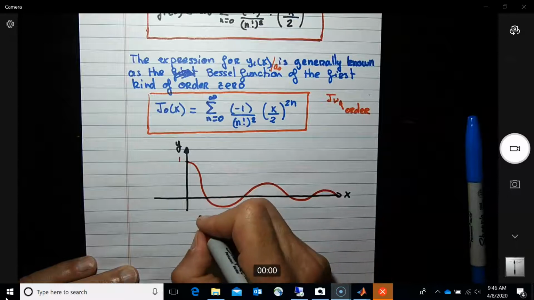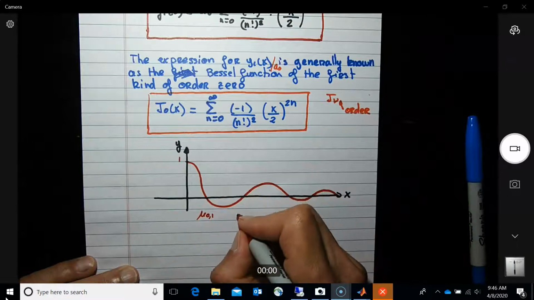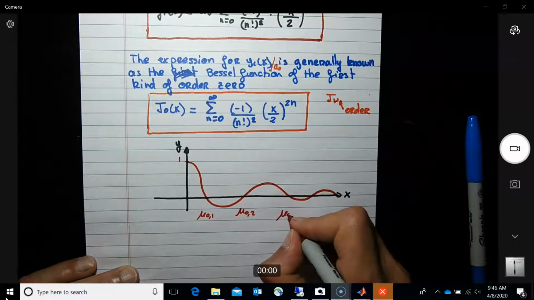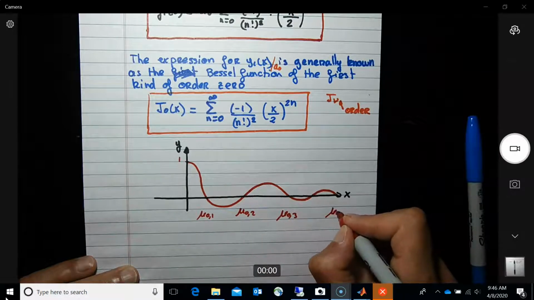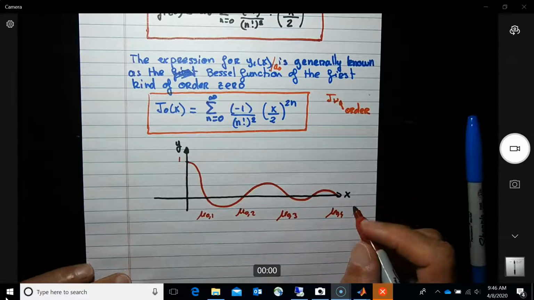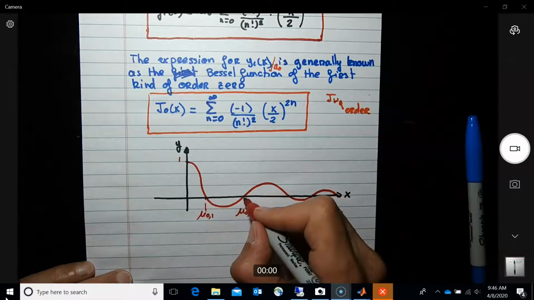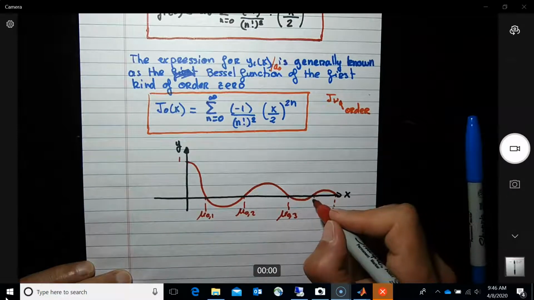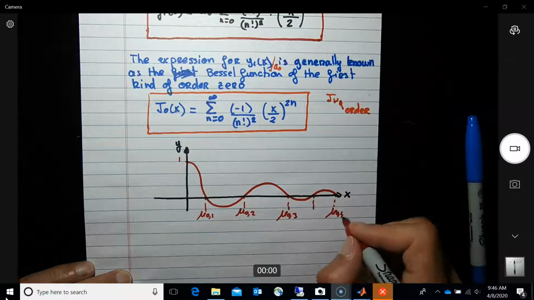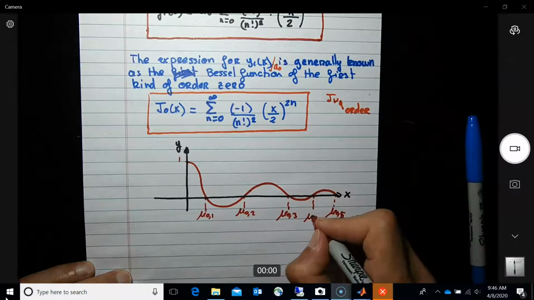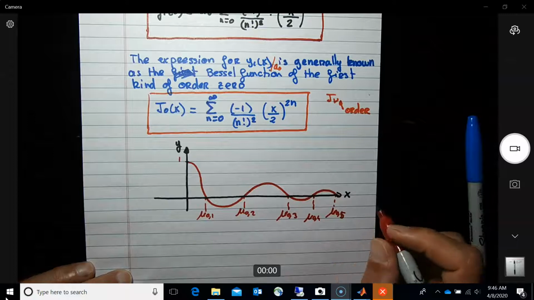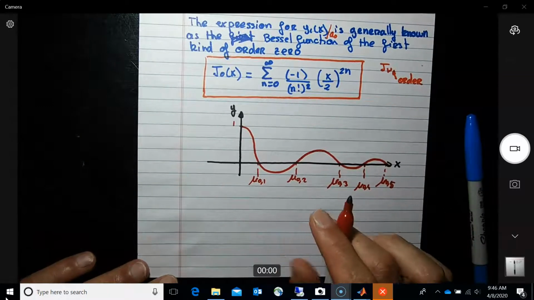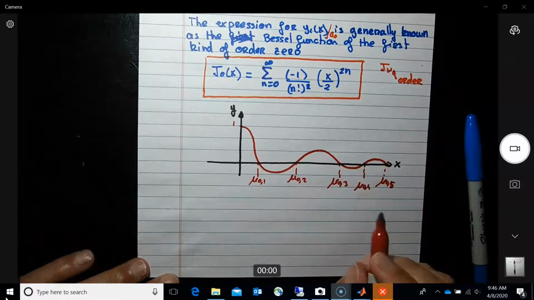So here will be the roots, mu1, mu2, mu3, mu4, okay? Every one, this is an intersection. So here, here, here, and okay, this is also 1. All right, so these are the roots of the polynomial.